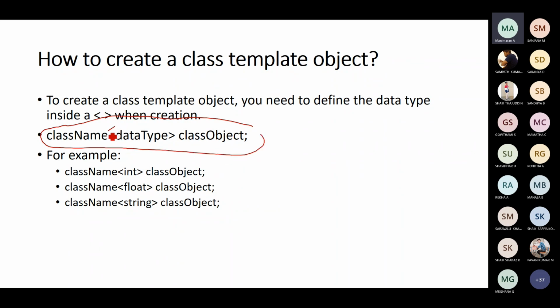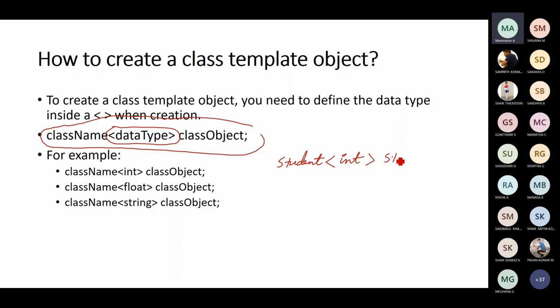followed by, see this, an angular bracket. Within this angular bracket, we have to mention the data type of that particular class. If you want to use the class for integer values, then we have to mention it within this bracket. For example, the class name is Student. Student is my class name, and then this angular bracket. Inside that, since I am going to use only integer values, the data type is int. And then the object.